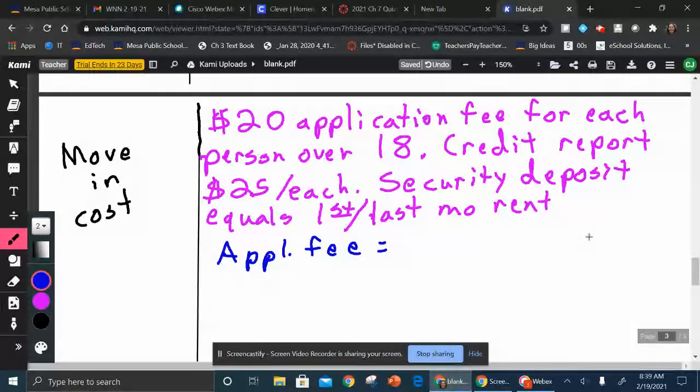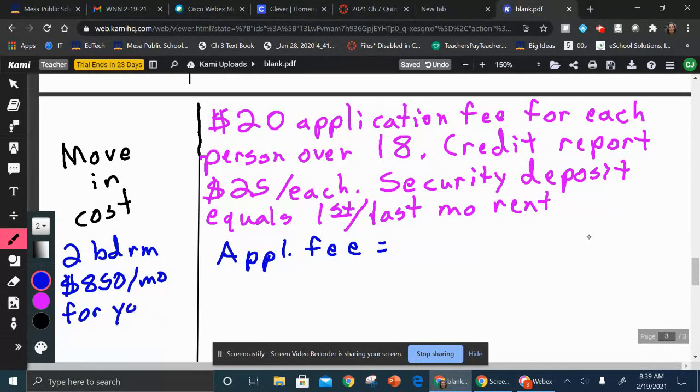Okay, so application fee. You're getting a 2-bedroom at $850 a month for you and your roommate.